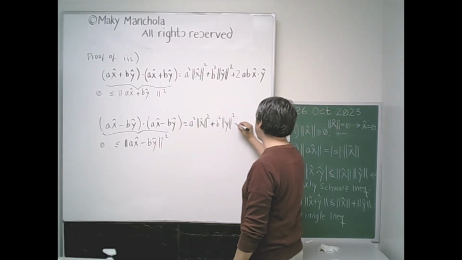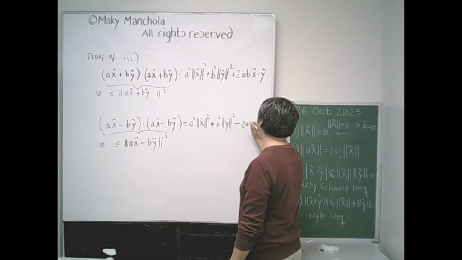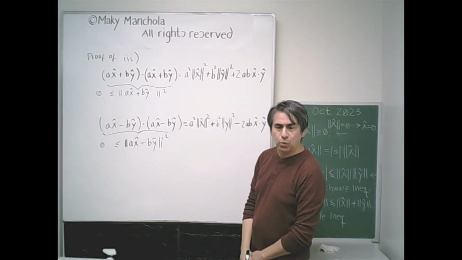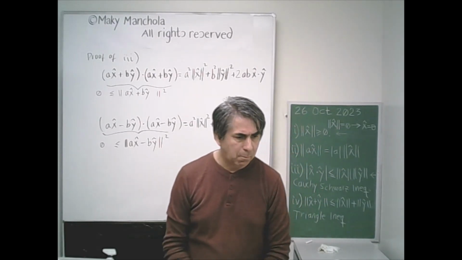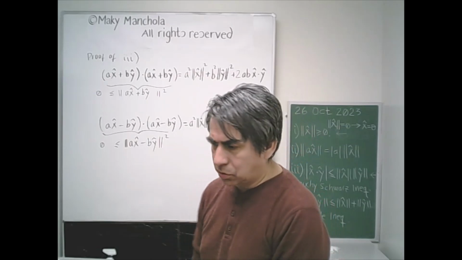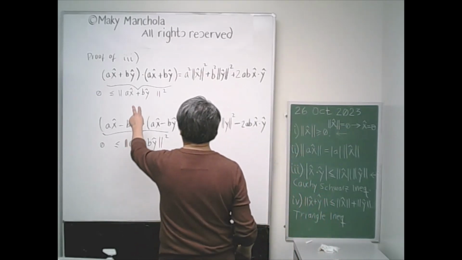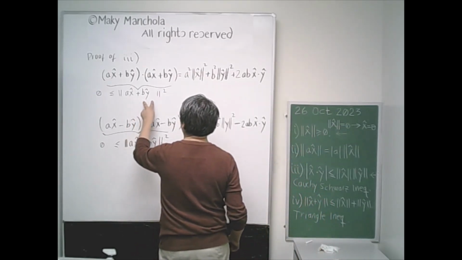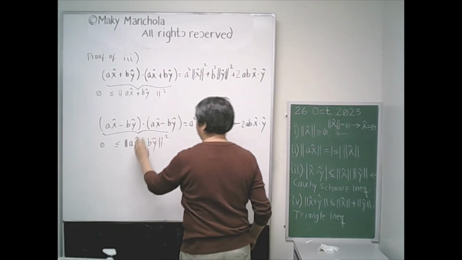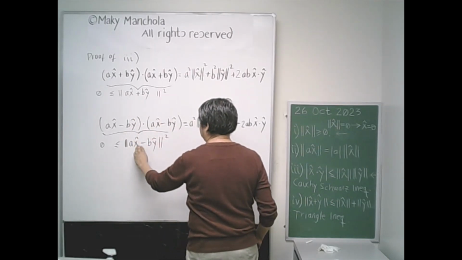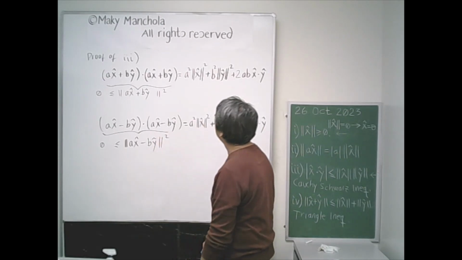So I'm going to get minus 2AB x hat dot y hat. Okay, so those are my two norms: the norm of a x hat plus b y hat squared, and the norm of a x hat minus b y hat squared.